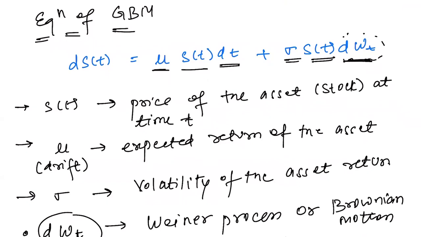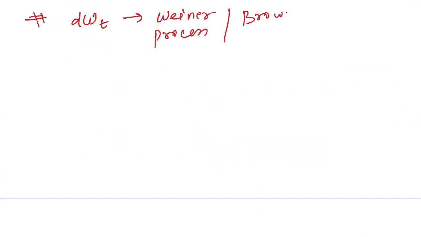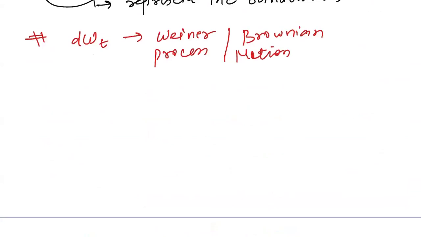So you might be thinking, of course it represents randomness, but what is it? So let's see this term, dW_t, which is also called the Wiener process, or Brownian motion. I'll give you an example.